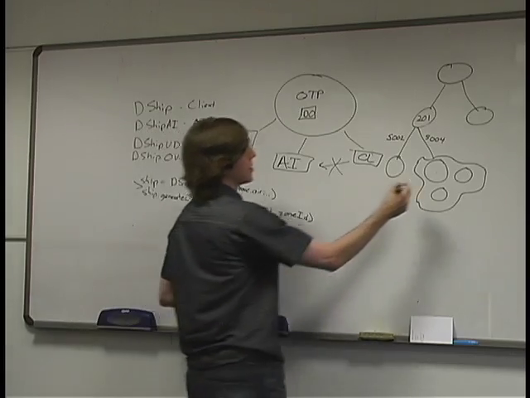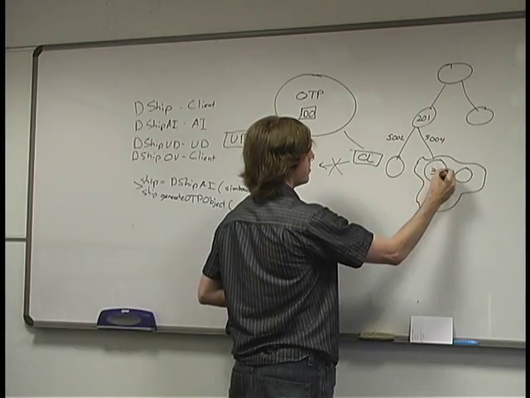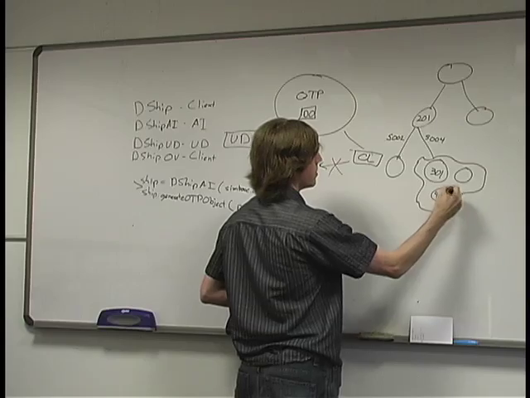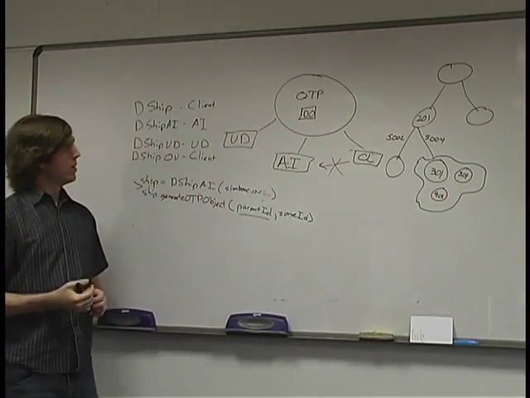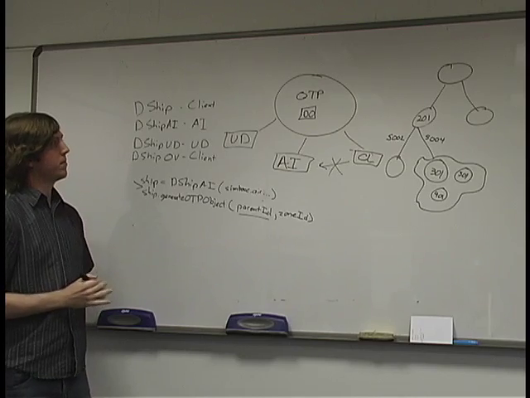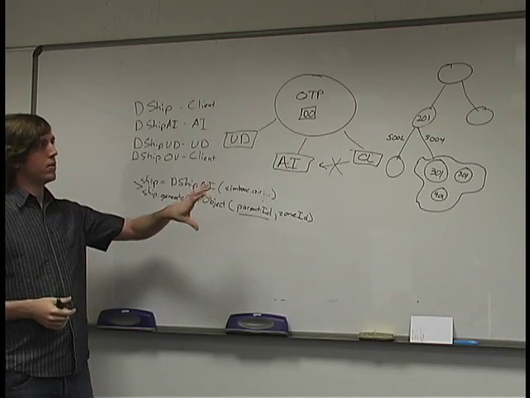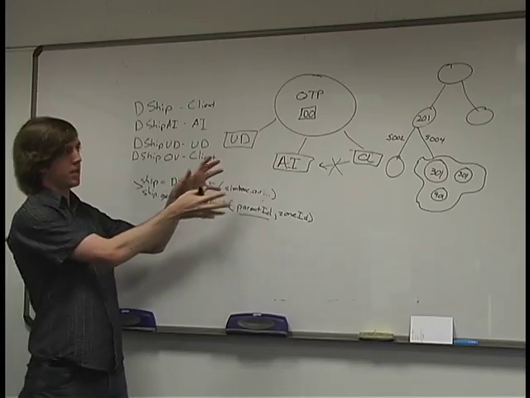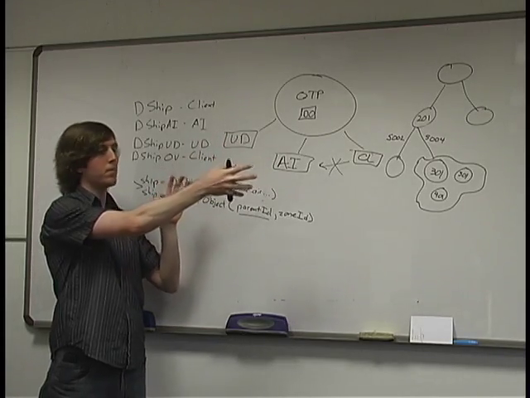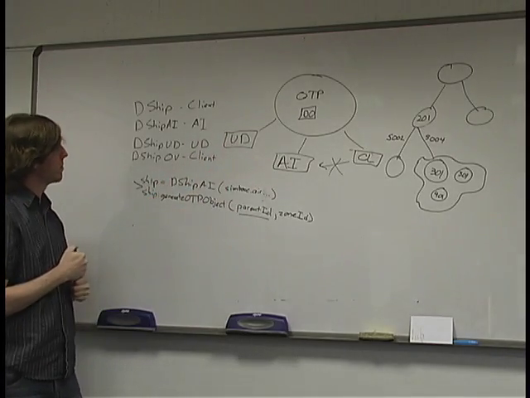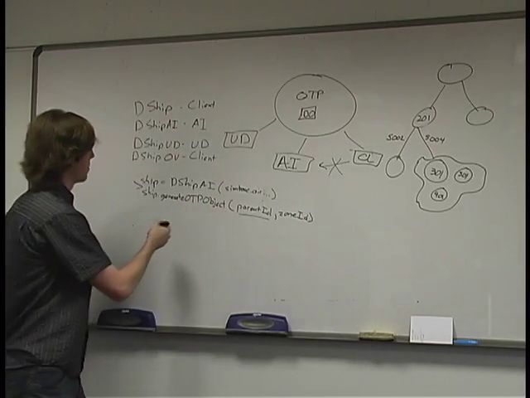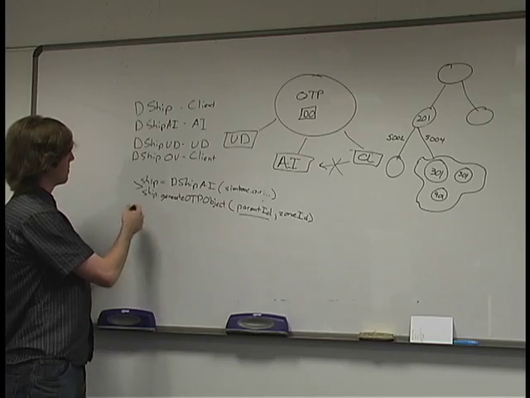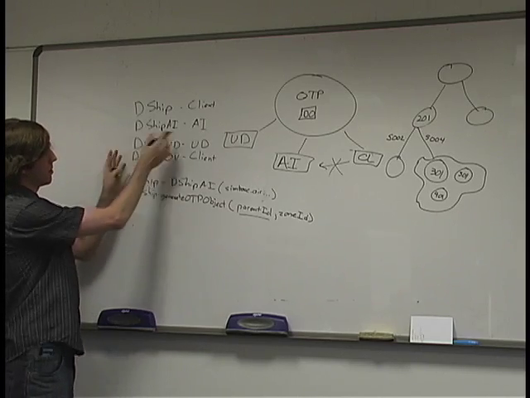And then let's give these guys some new IDs. So we got 301, 401, 501. So every distributed object in the game exists in this hierarchy somewhere. So when you do a generate OTP object, you give, say, the ship. Let's say it's just an AI ship, so it's not a database ship.